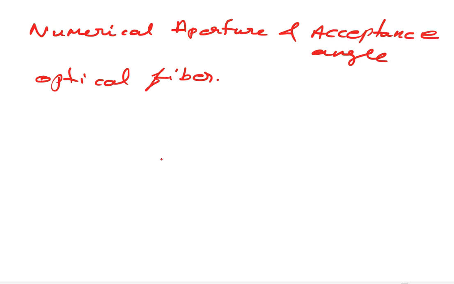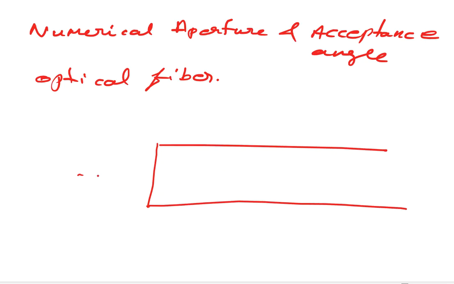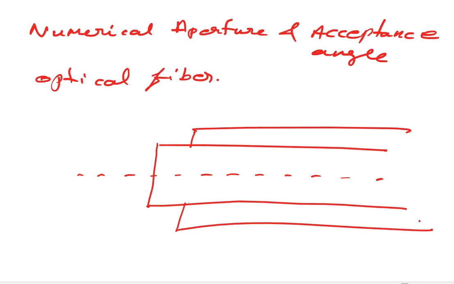In an optical fiber, just consider this is the core of an optical fiber and the center axis, and the cladding will be there. The refractive index of the core is N1 and of the cladding is N2.